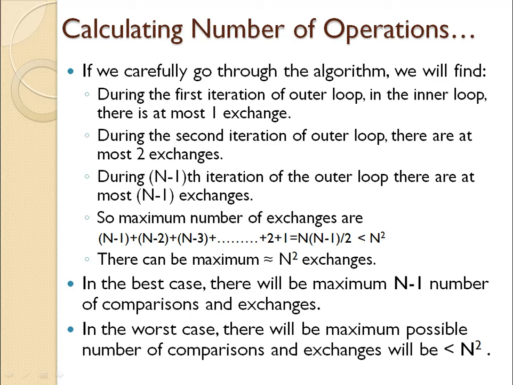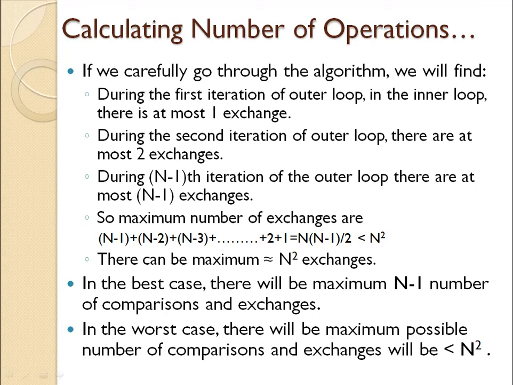So there will be a maximum of one exchange, or it can be 0. Then in the second iteration, there can be at most 2 exchanges. Similarly, during the n minus 1th iteration, there will be at most n minus 1 exchanges. So the maximum number of exchanges is again less than n square. There can be a maximum of n square exchanges, otherwise less than that.